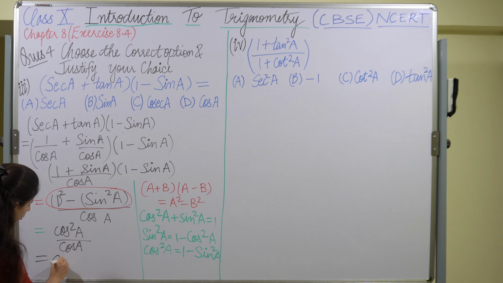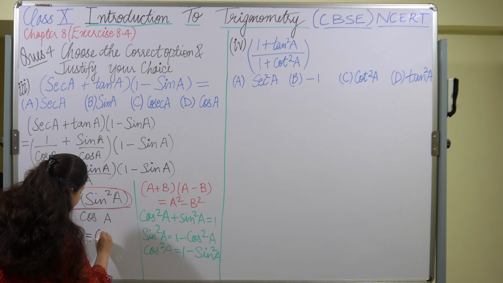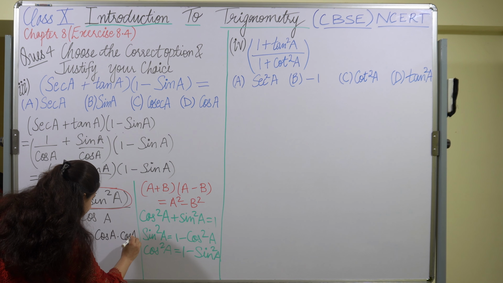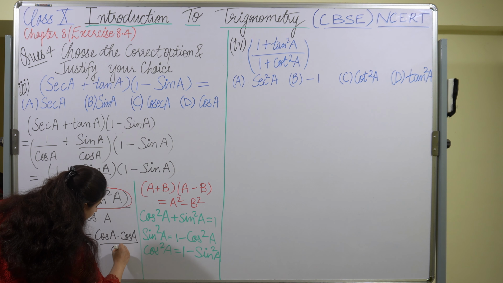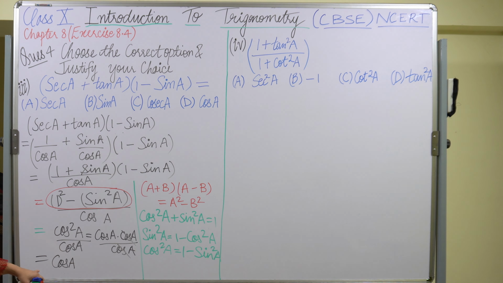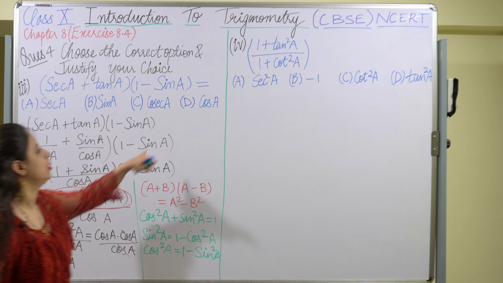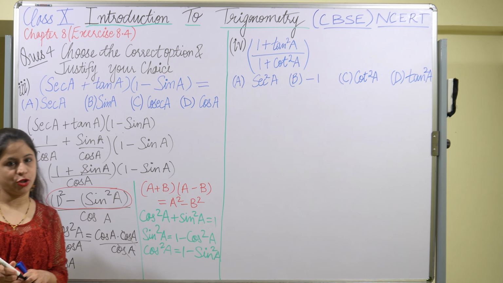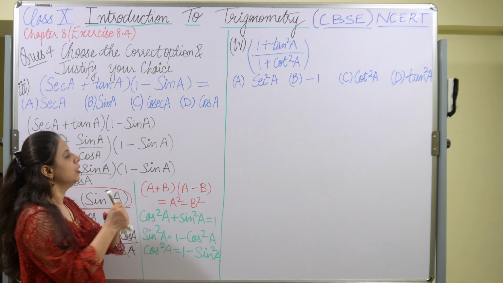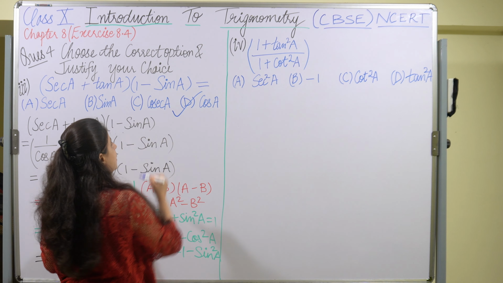We are left with cos A, because it is of the form cos A into cos A upon cos A. So one cos gets cancelled and we are left with cos A. And cos A is option D, which is our correct option. We have also justified why it is option D. So the answer is D.